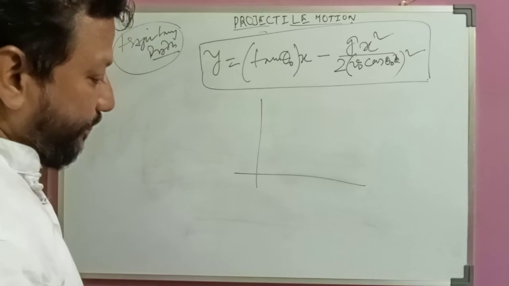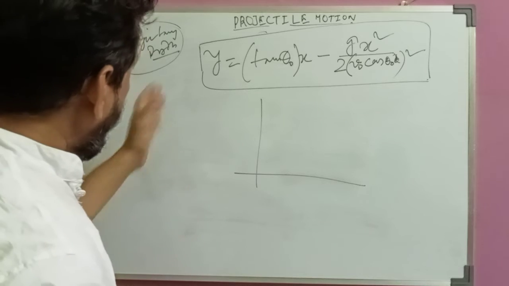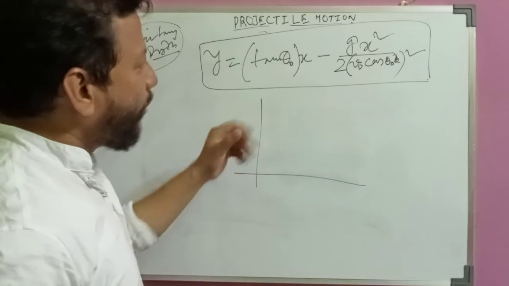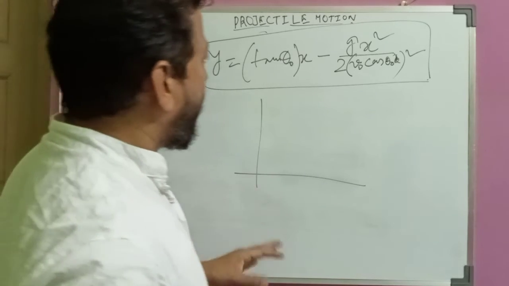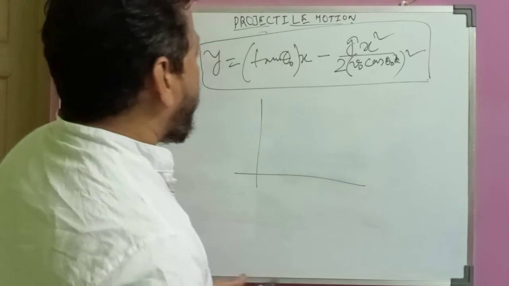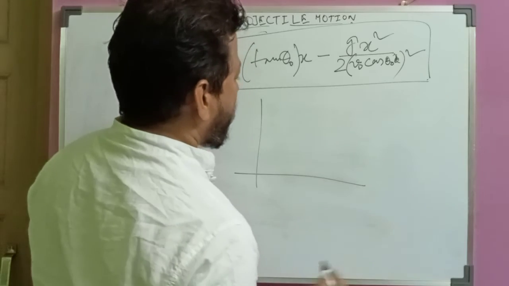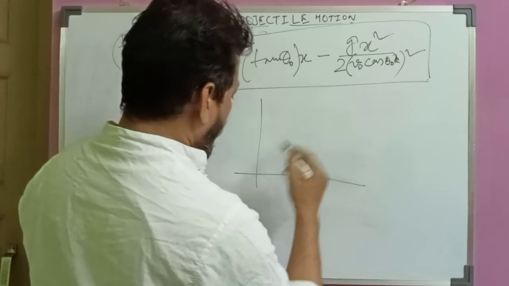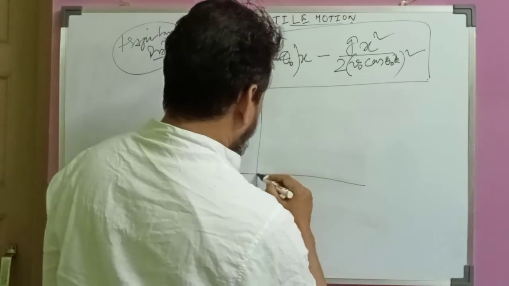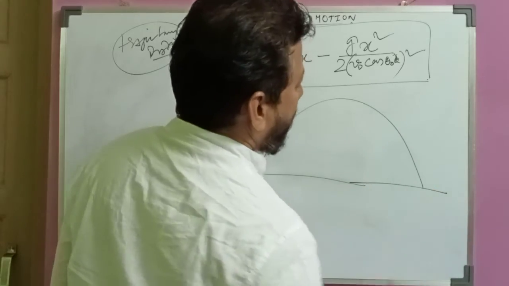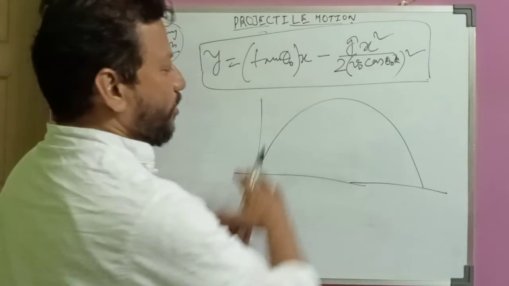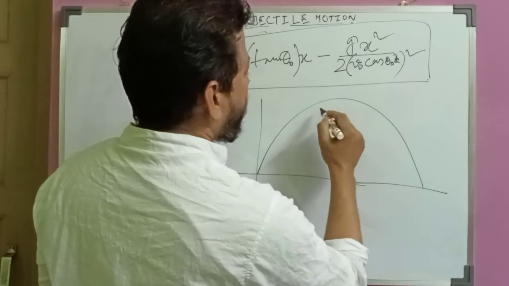After this we will learn a little bit of numericals, maybe today or tomorrow. Taking an example, a fire, a rocket, a stone: the projectile path is this, always keep it in mind. This is the projectile and this path is called the trajectory.